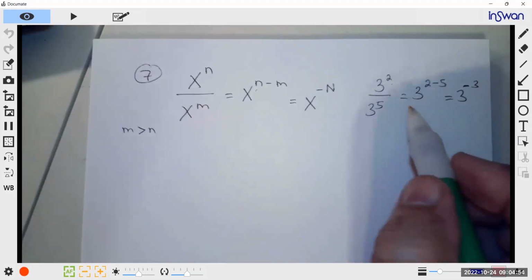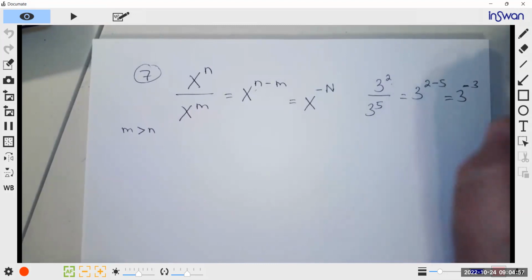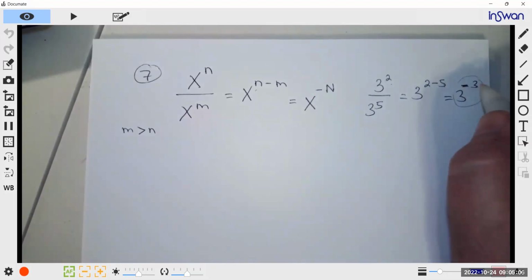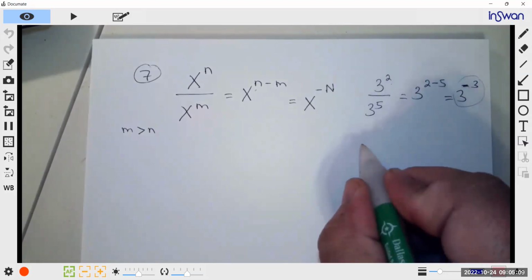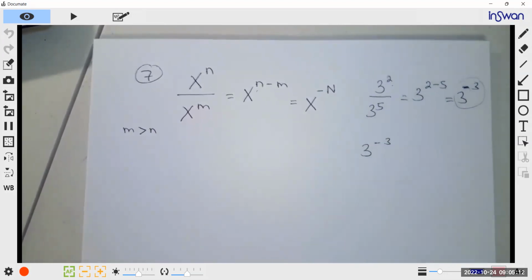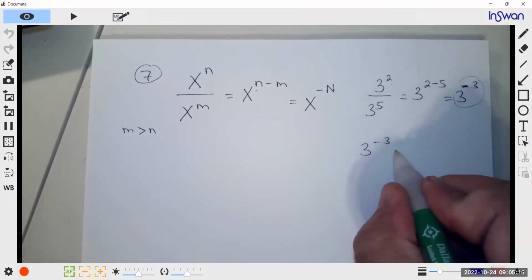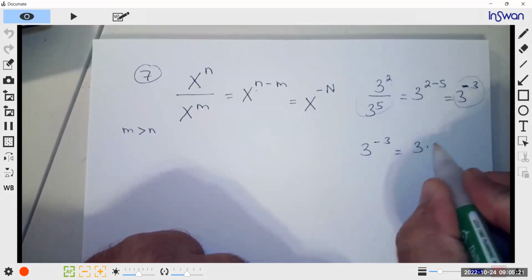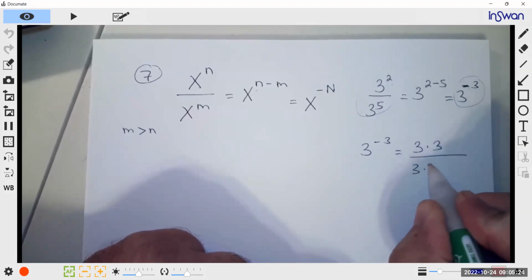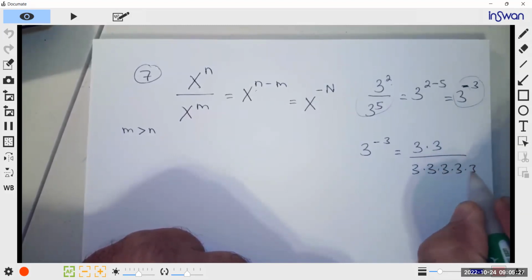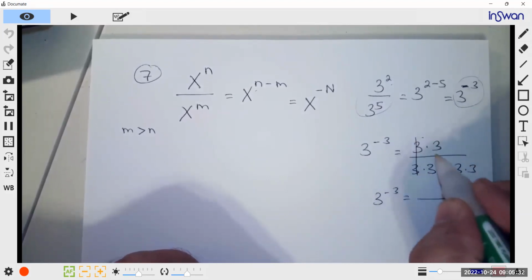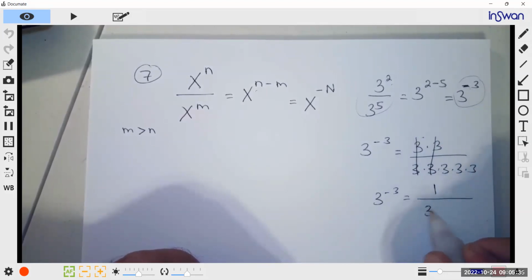So whenever you have a bigger number on top and you just leave it that way, what this tells us, if you have a negative answer, if you have a negative exponent, let's see what it should have been. 3 times 3, 3 times 3 times 3 times 3 times 3. Those cancel, so I have 1 over 3 to the third.